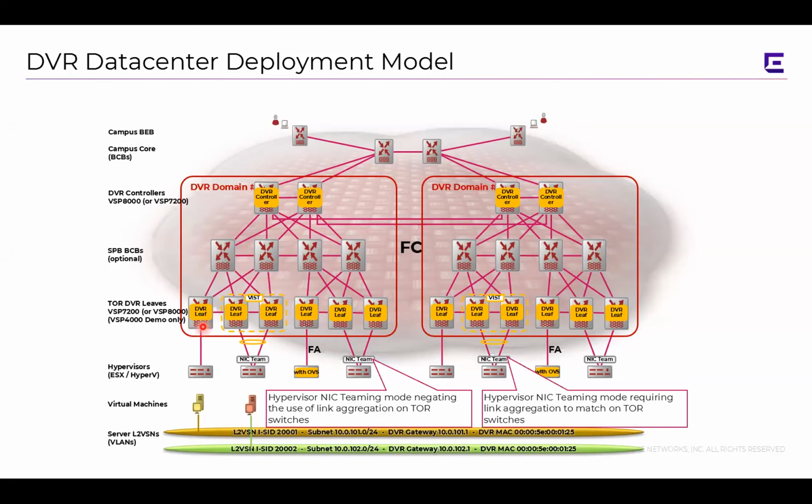In fact, because this is a really standard CLOS architecture, you can even interconnect all the switches like that, and you will have the traffic passing on the leaf layer all the time.